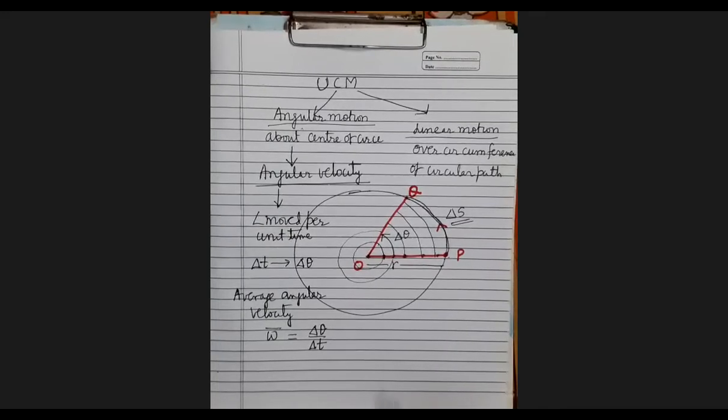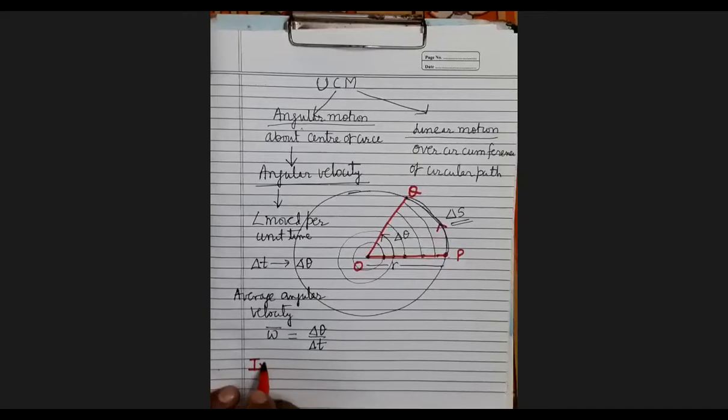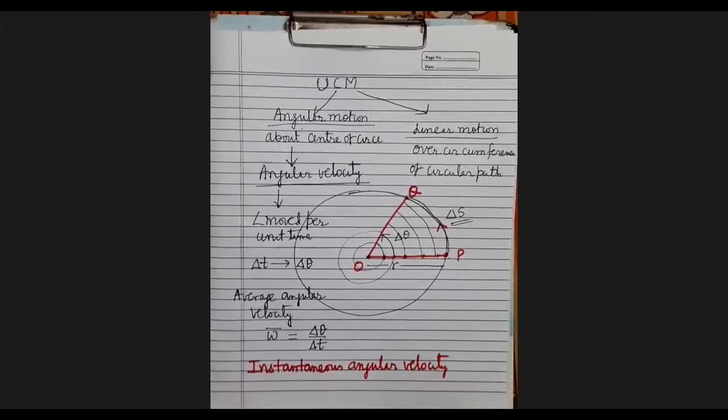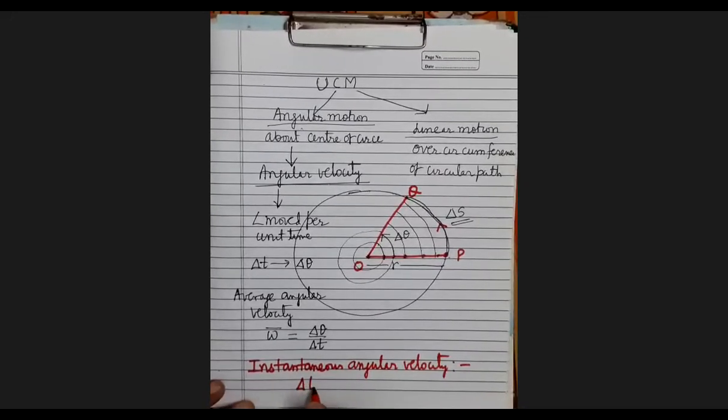It's clear. What will be the instantaneous angular velocity? Instantaneous angular velocity we determine when the time interval is very small, that is delta t is tending to 0, extremely small, negligible.